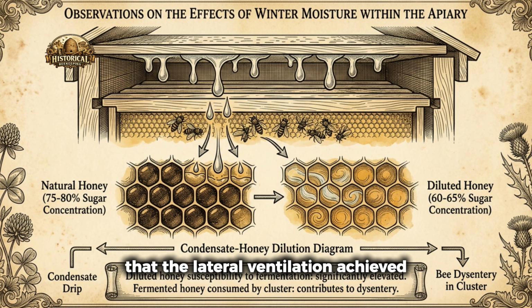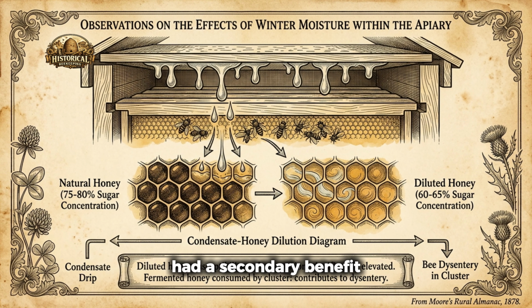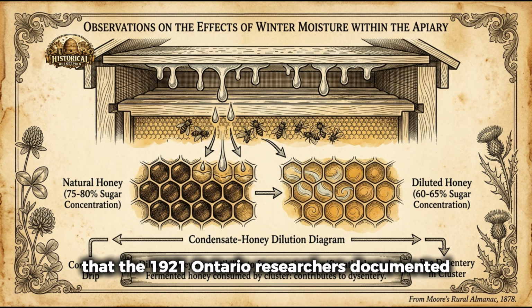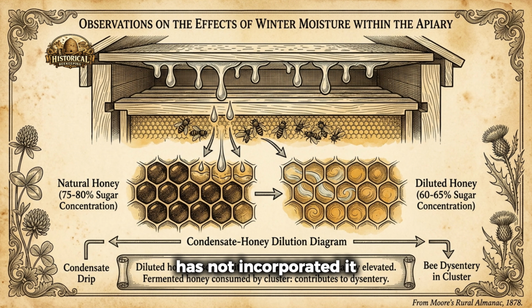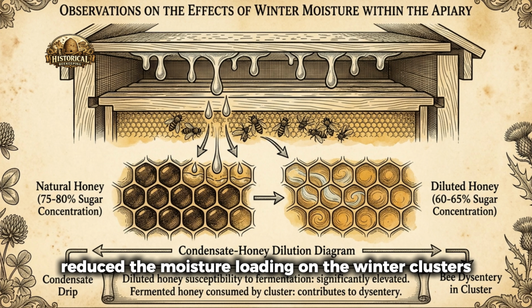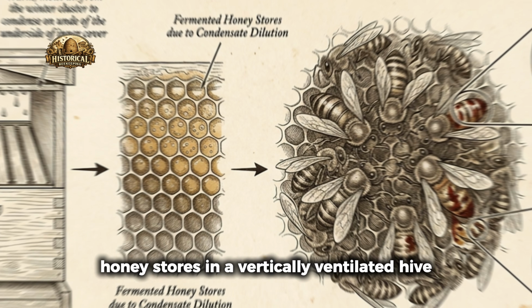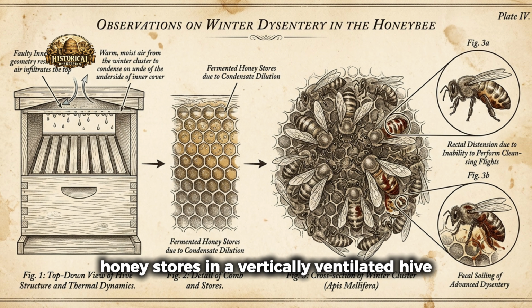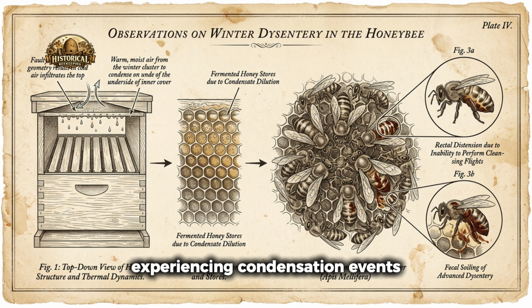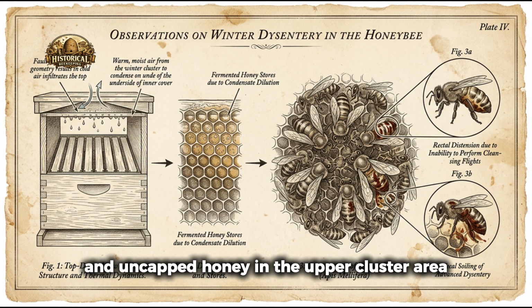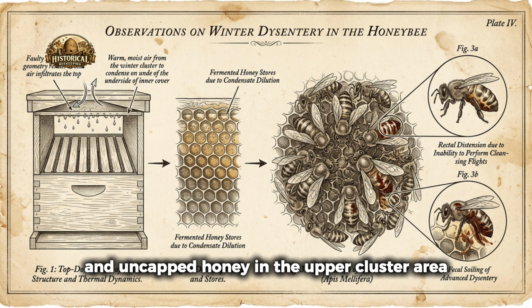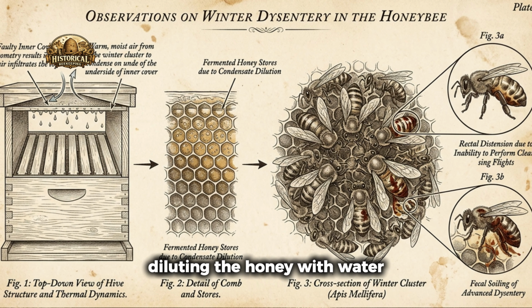The condensation management that the lateral ventilation achieved had a secondary benefit that the 1921 Ontario researchers documented, but that modern beekeeping instruction has not incorporated. It significantly reduced the moisture loading on the winter cluster's honey stores. In a vertically ventilated hive experiencing condensation events, dripping condensate from the inner cover falls into uncapped cells and uncapped honey in the upper cluster area, diluting the honey with water.